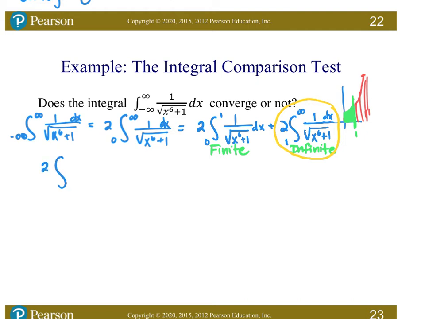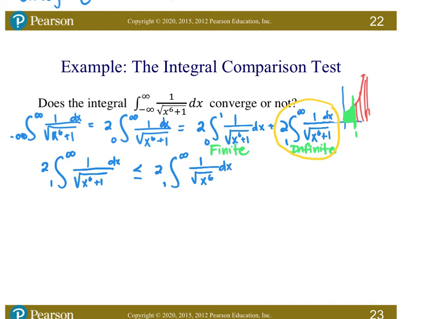All right, so now we know we're going to do a comparison here. The integral from 1 to infinity, or 2 times that integral, of 1 over x to the 6th plus 1 dx, is guaranteed to be less than or equal to the integral with the same bounds of the function over the square root of x to the 6th.